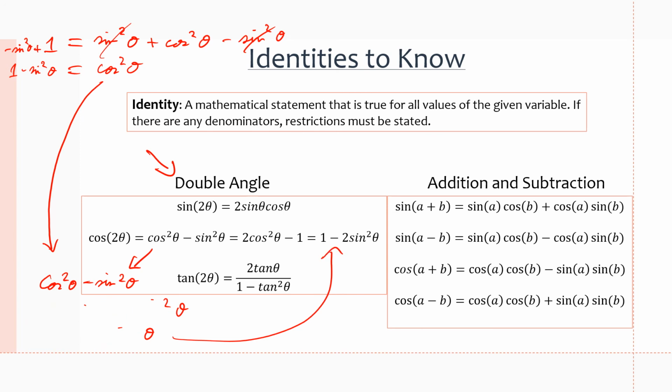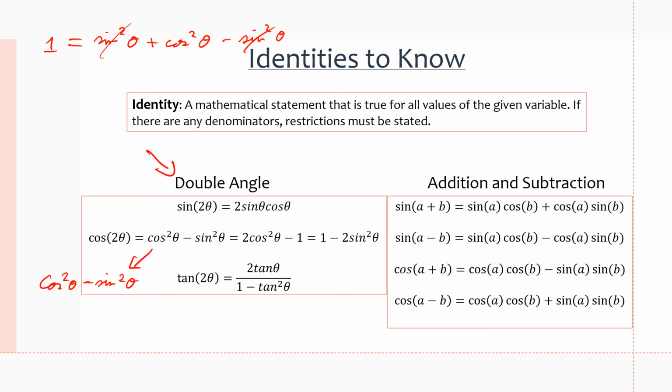And if we do the opposite, if up here we rearrange for sine squared theta, right? So we subtract cos squared theta from each side. The cos squared theta will cancel out and it'll give us 1 minus cos squared theta equals sine squared theta.